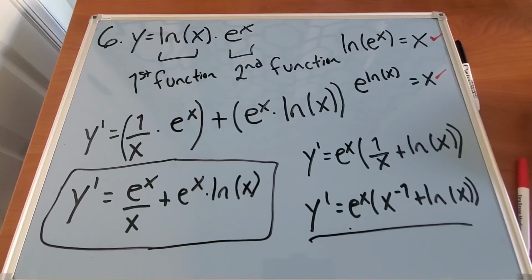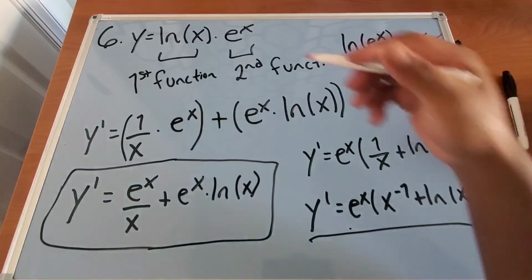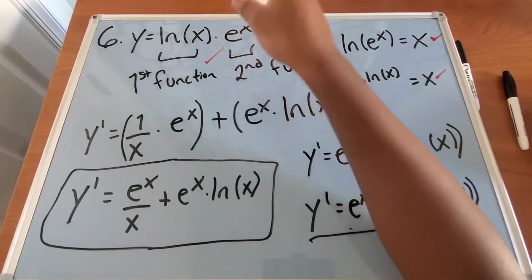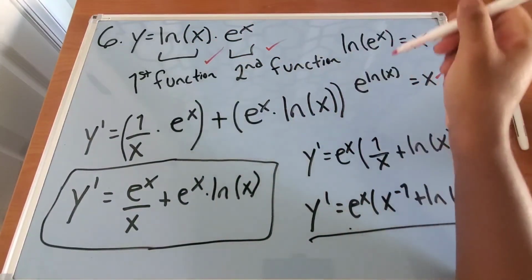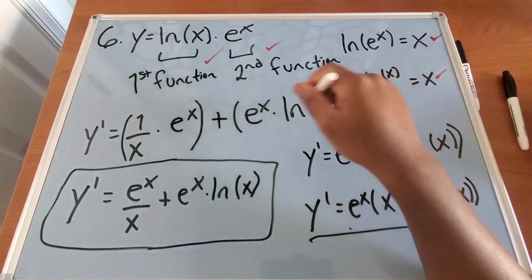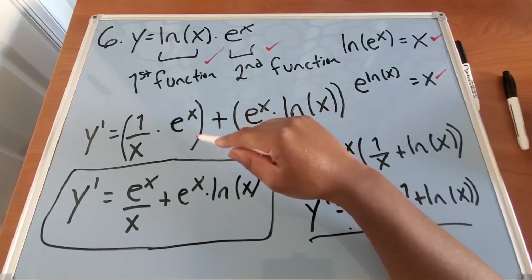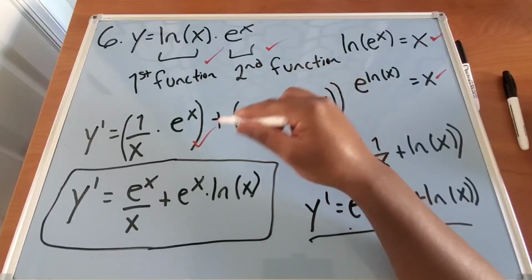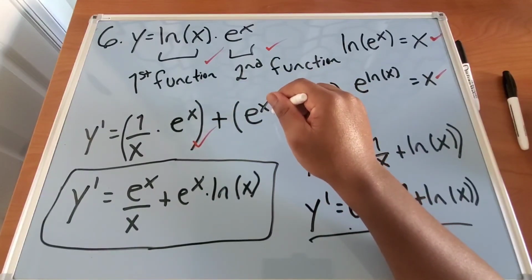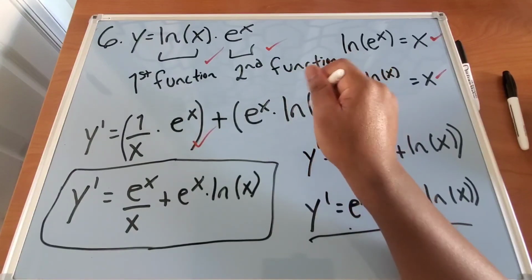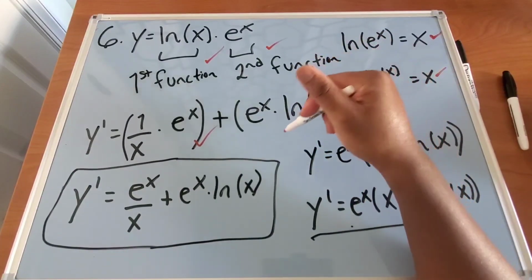So we can check this. We identified natural log of x as our first function and e to the x as our second function. We take the derivative of the first function, which is 1 over x, times the second function, e to the x, plus the derivative of the second function, which is e to the x, times the first function, natural log of x.